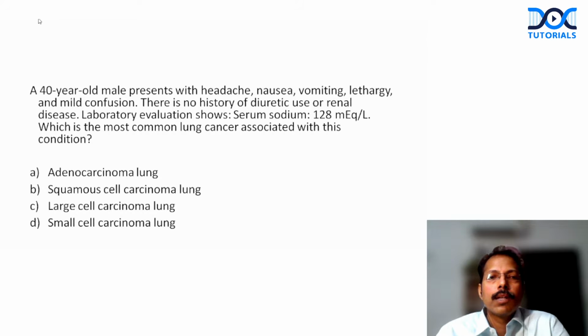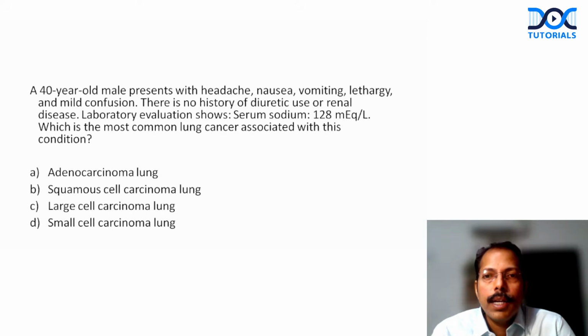Okay. A 40-year-old male presents with headache, nausea, vomiting, lethargy, and mild confusion. There is no history of diuretic use or renal disease. Laboratory evaluation shows serum sodium of 128, so hyponatremia is there. Which is the most common lung cancer associated with this condition?